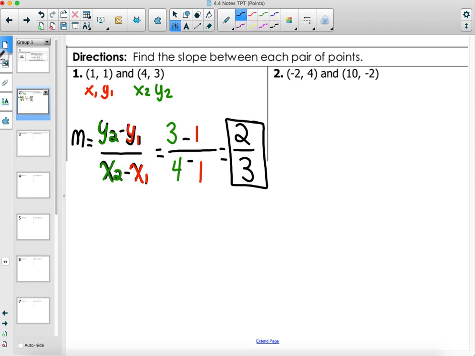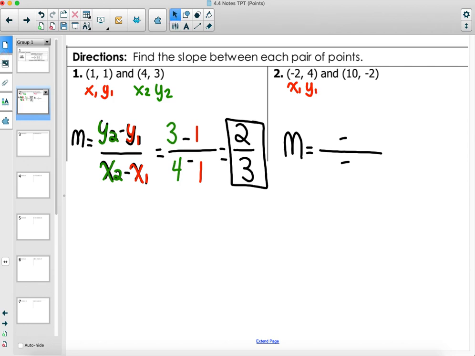So now I'm going to begin, again, with the slope formula. That's going to be m equals, we're going to subtract the y values on top, x's on the bottom. So let's label our points, x1, y1, x2, and y2.